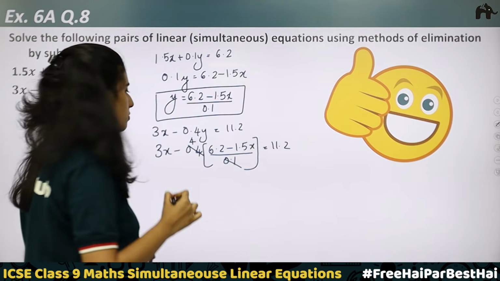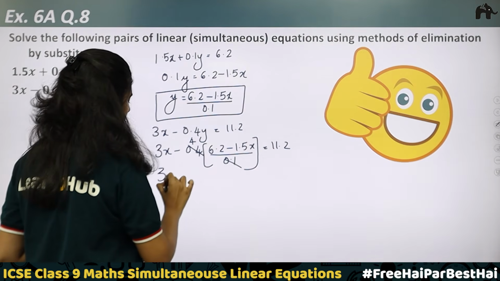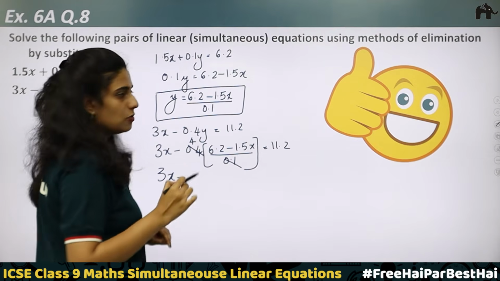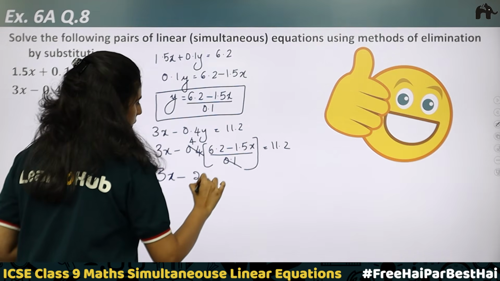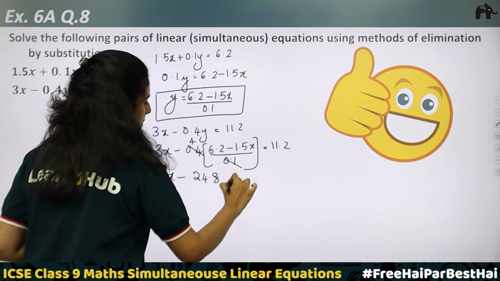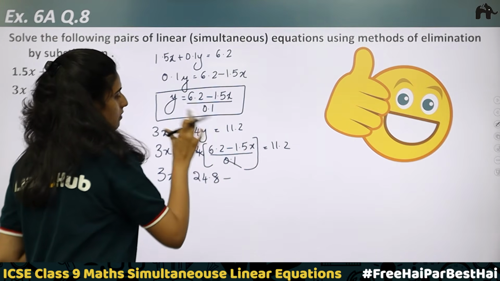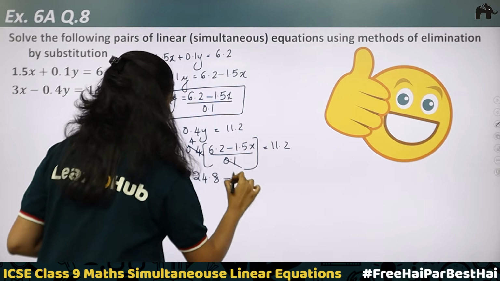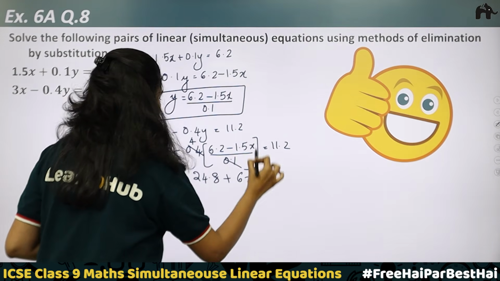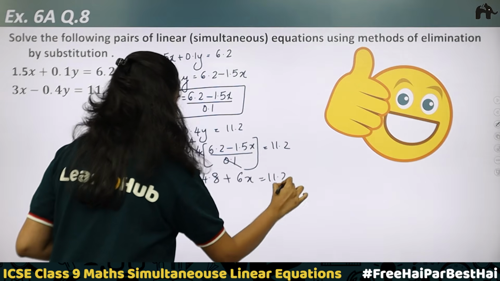Okay. Decimals removed, you get 4 here. So 3x minus 4 into 6.2, how much do we get? 24.8, minus 1.5 into 4, that is 6. So minus of minus becomes plus 6x is equal to 11.2.